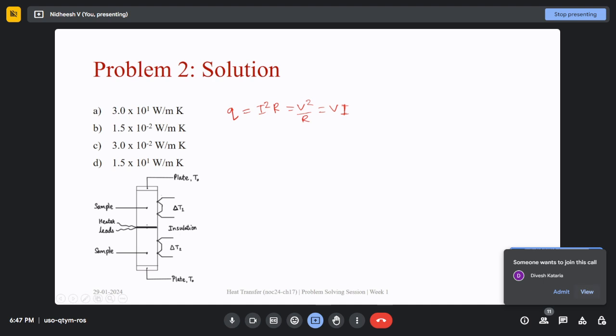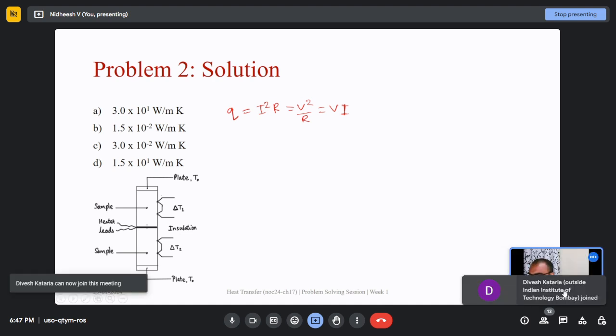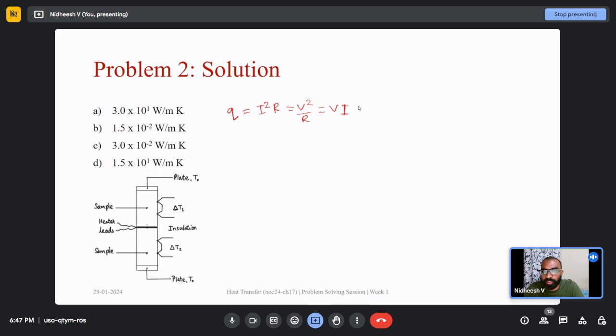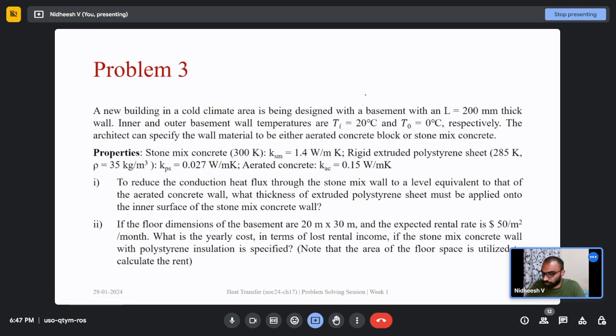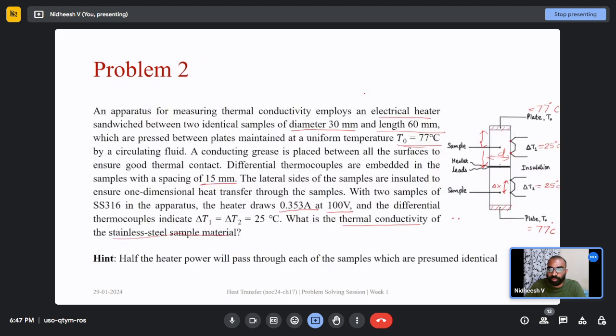People are joining. Let me admit them. Any confusion in here? This is the amount of heat generated through Joule's heating when an electrical current is passed through a material. We know the voltage and current in this case, which is 100 volts and 0.353 ampere.